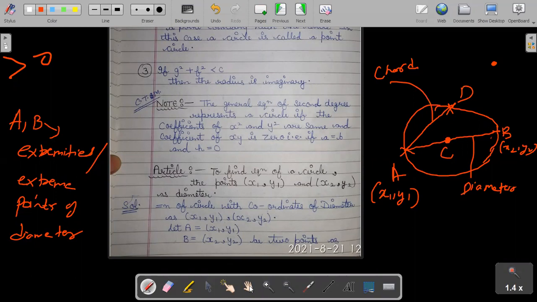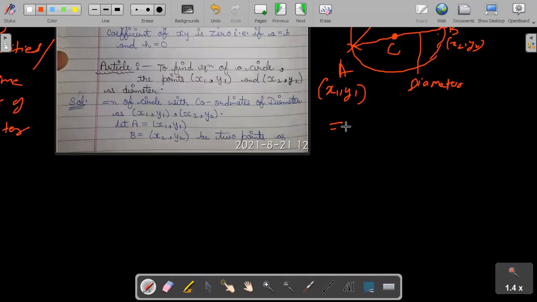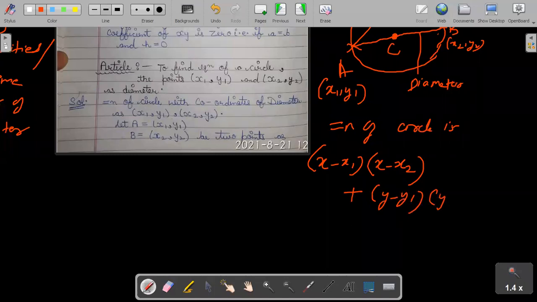Then this article says the equation of the circle is: x minus x1 in one bracket multiplied by x minus x2, plus y minus y1 multiplied with y minus y2 is equal to 0. Is it clear? All of you?